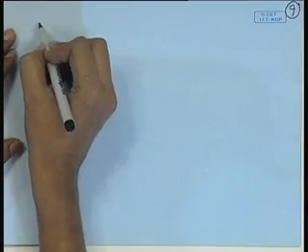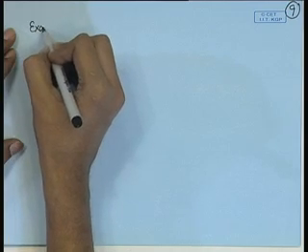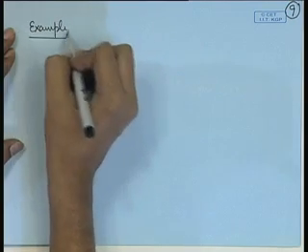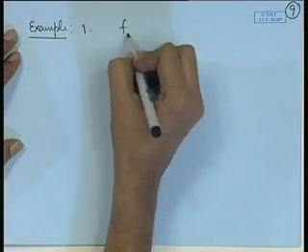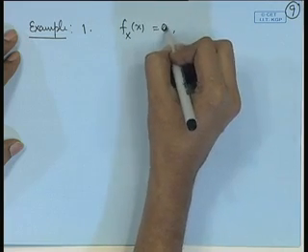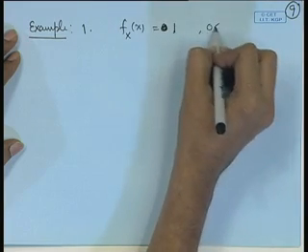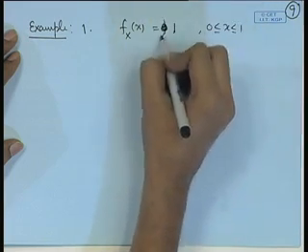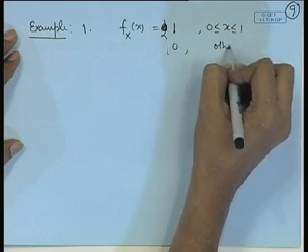The first example here, which we had in the continuous case, was f(x) = 1 for 0 ≤ x ≤ 1, and 0 otherwise.